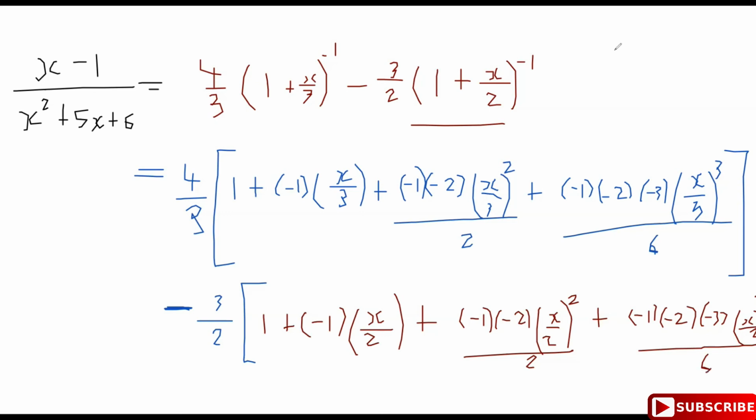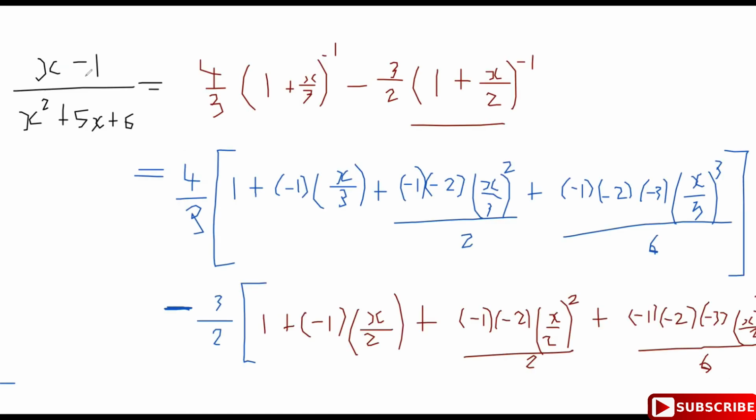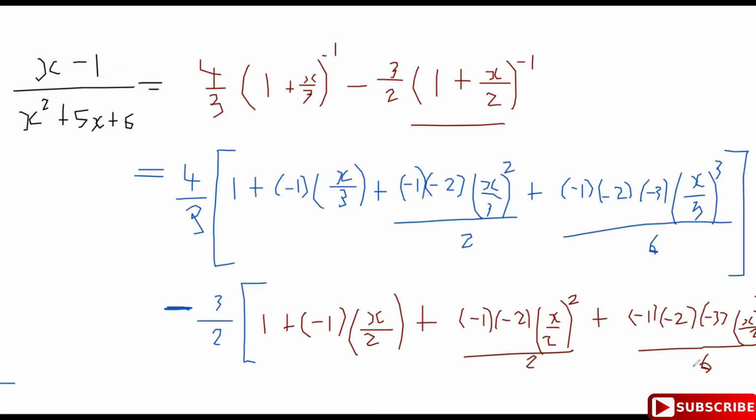All we need to do now is simplify this. So let's go ahead and simplify this on a fresh page. Simplifying, we're going to have 4 over 3, and this is now being multiplied by 1 plus, this is minus x over 3.